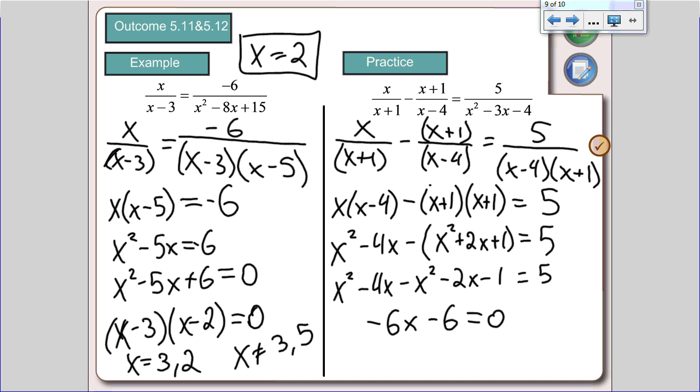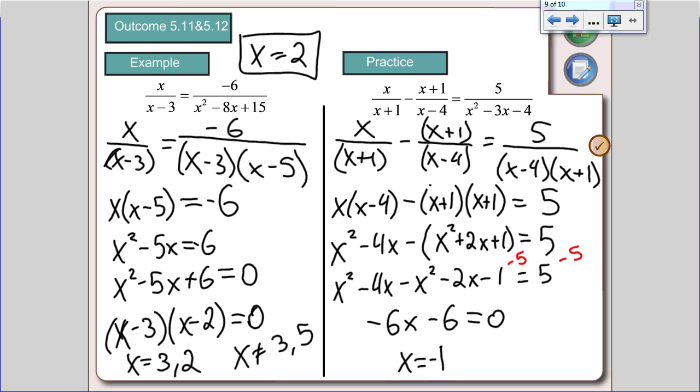X squared minus x squared cancel each other out. Remember that this is a negative 1 right here. So x is equal to negative 1. Right? I don't like it. I get it. X is equal to negative 1.